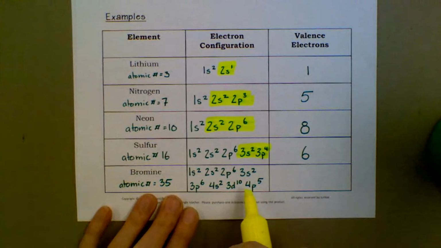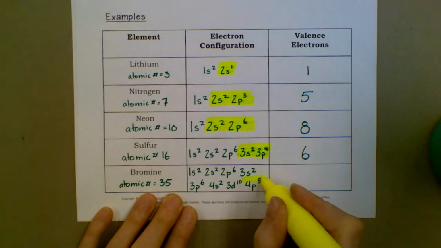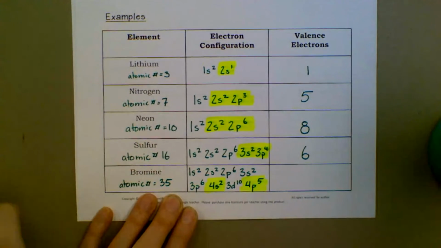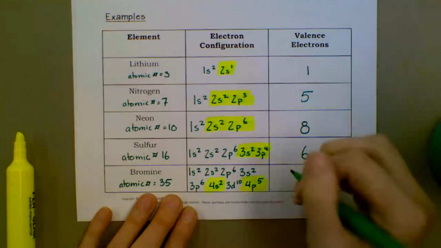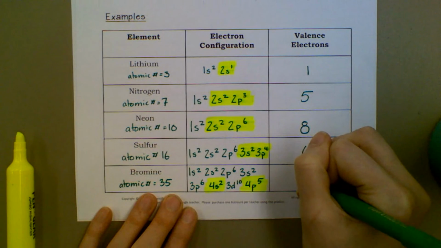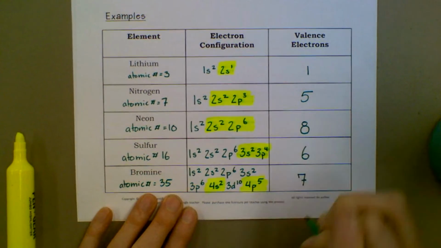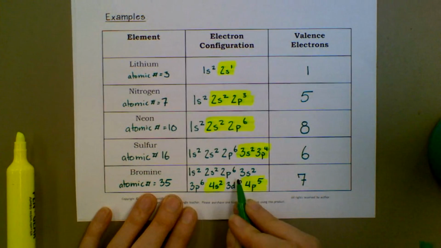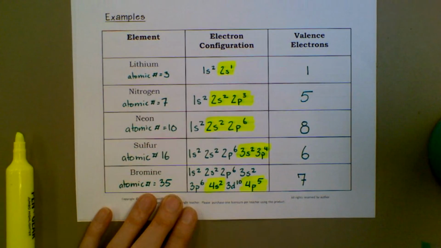I am going to look at my outermost level. So I have level 4, and I have a total of 7. That's going to give me 7 valence electrons. I know that this is weird because we skipped this 3, but this 3 is still a part of the third energy level, so we're only looking at our 4s here. And that is how I can find valence electrons.